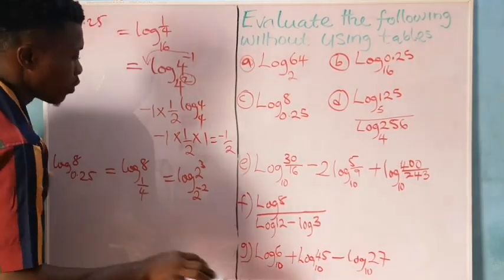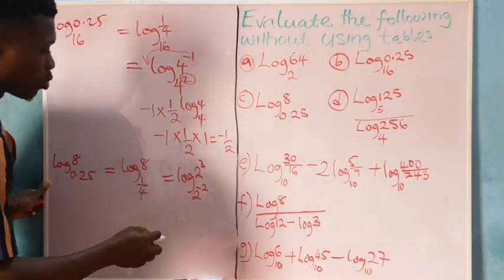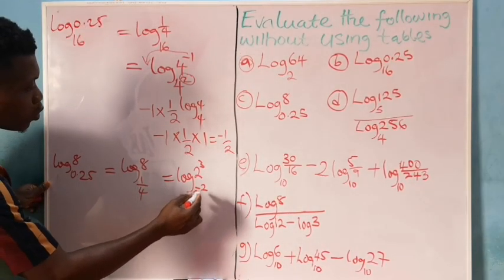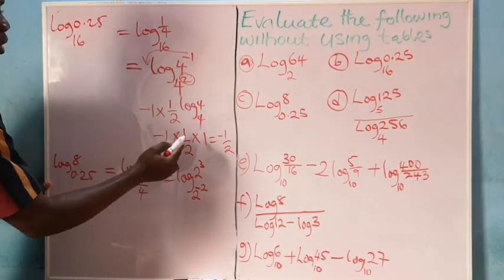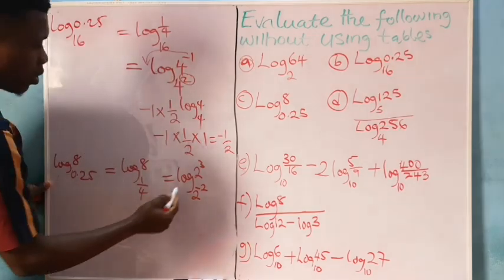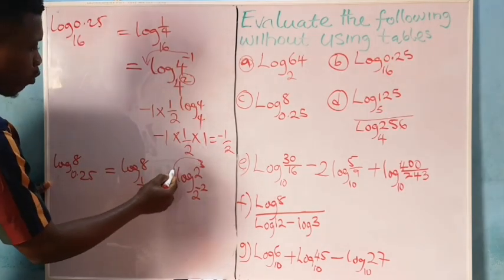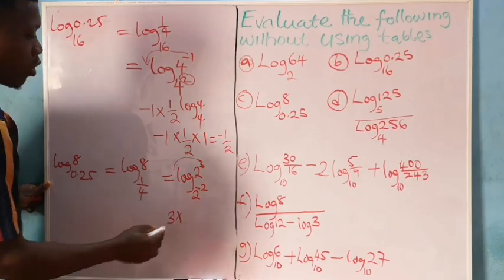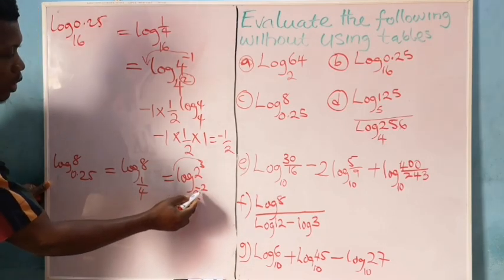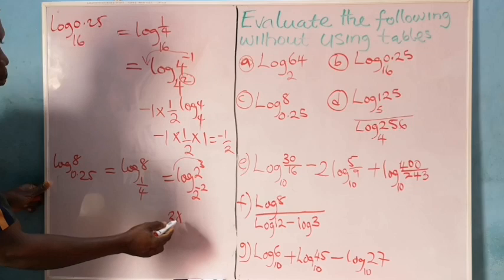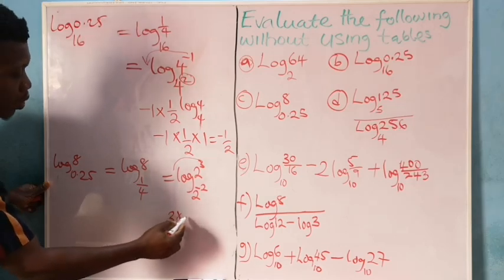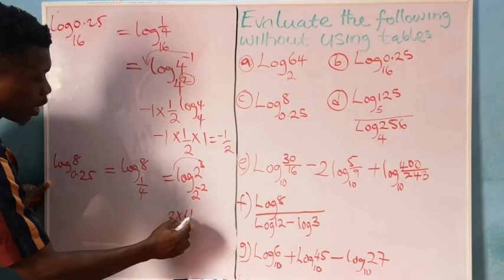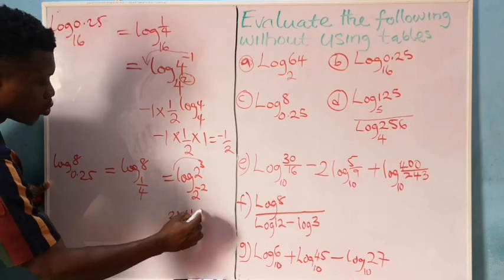Now, the next thing we will do is the same thing we did here, so that this power will come over here as a multiplier. We now have 3 times, and also the power of the base will come here in a reciprocal form, so that it now becomes times into brackets minus 1 all over 2.